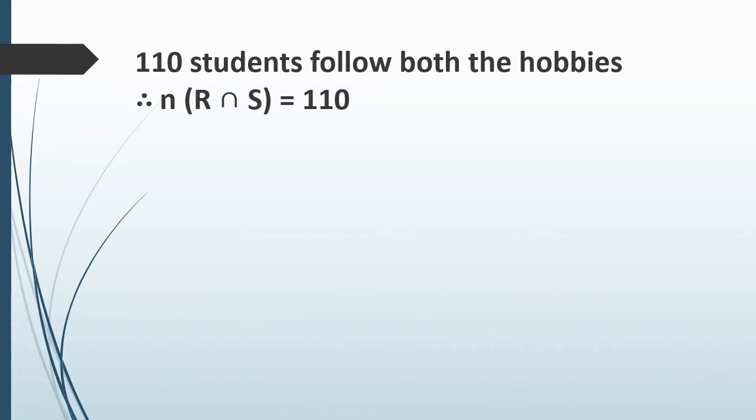Here, 110 students follow both the hobbies. Therefore, number of elements in R intersection S is equal to 110.